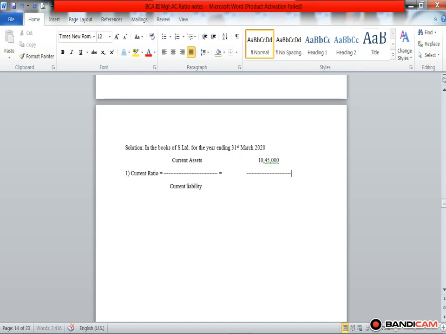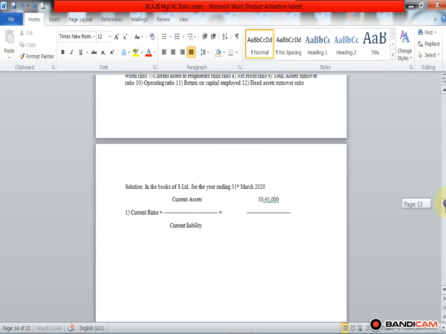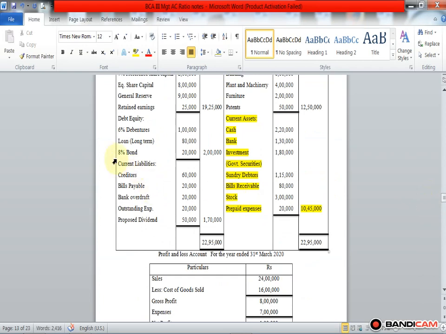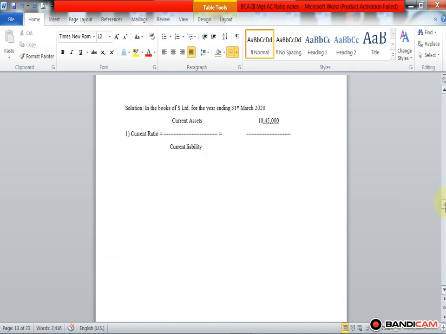Current liability is also given in the problem, so we find out the amount of current liability. Here on the liability side, current liability is creditors, bills payable, bank overdraft, outstanding expenses, proposed dividend, that is 1,70,000, the current liability of the organization.